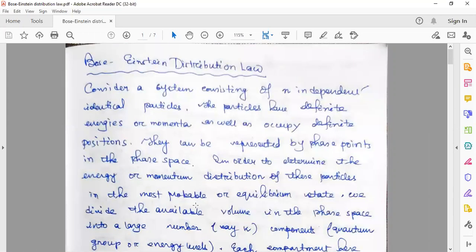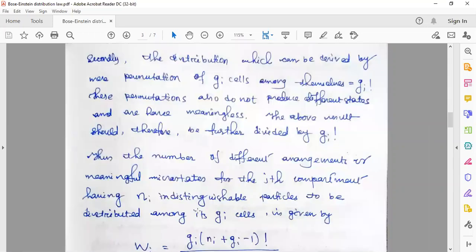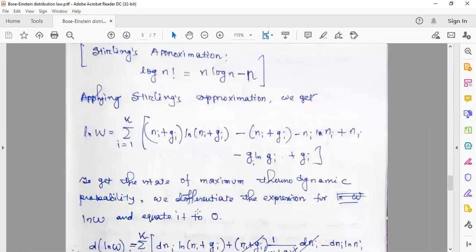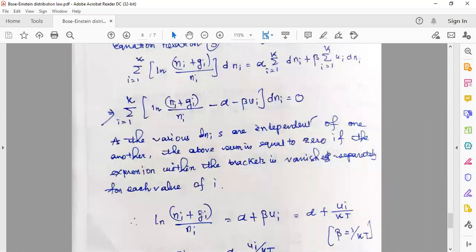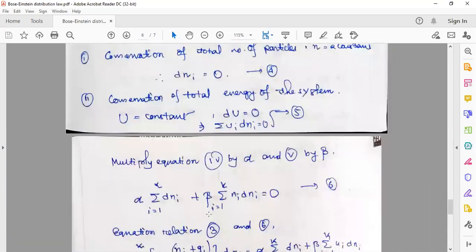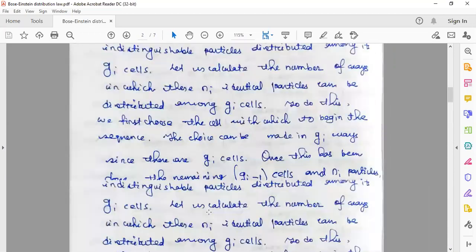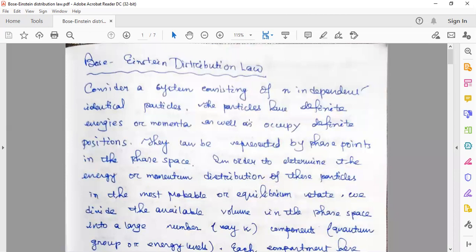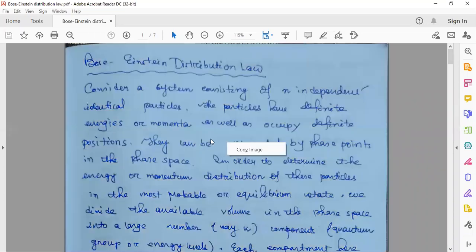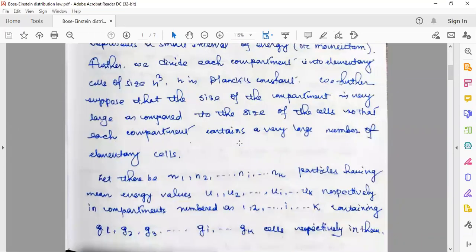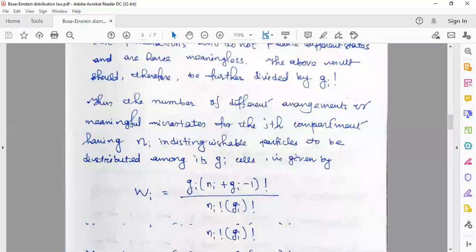You may be wondering, so what is the physics in here? You have done so much mathematical derivation, so where is the physics? The physics is initially these assumptions: identical particles, and any number of particles can be in any number of compartments or cells as per Bose-Einstein statistics.